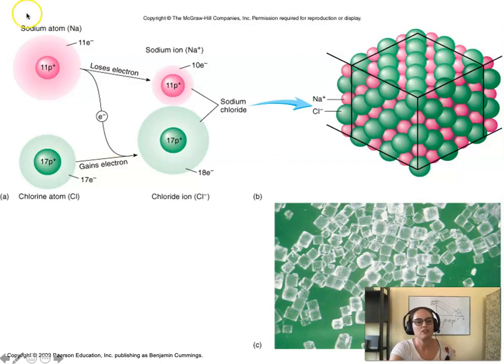It means that sodium can specifically lose an electron to chlorine, so that we have a sodium ion and a chloride ion, and because this electron was specifically given to this chloride, now this is positive and this is negative. Now they have an electrical attraction to each other.